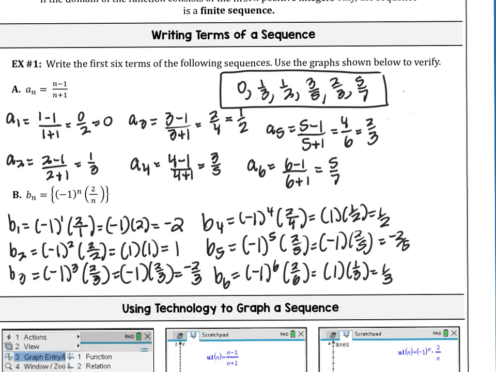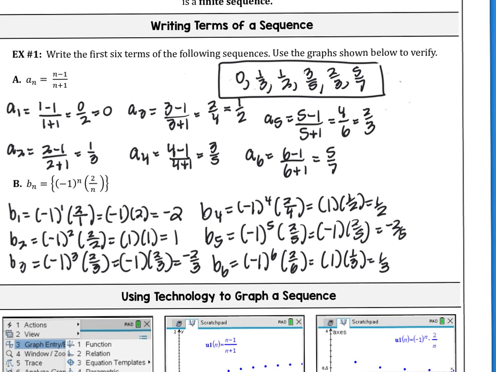All right, I'm sort of running out of room here to write these. Let's see if I can squeeze this in somewhere. So my answers are -2, 1, -2/3, 1/2, -2/5, and 1/3. So these are the first 6 terms of that particular sequence.